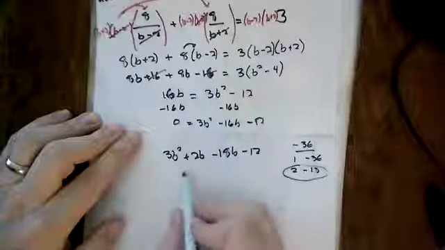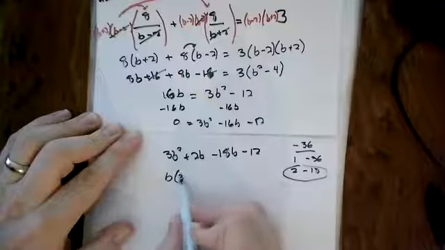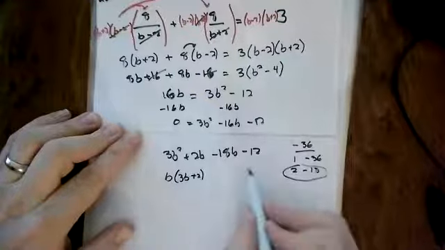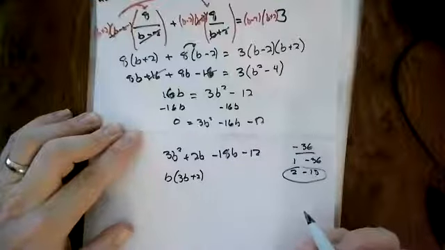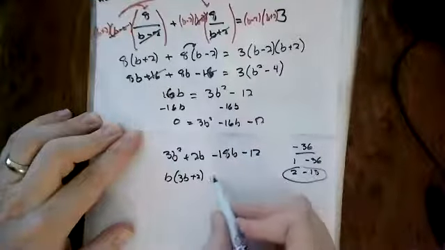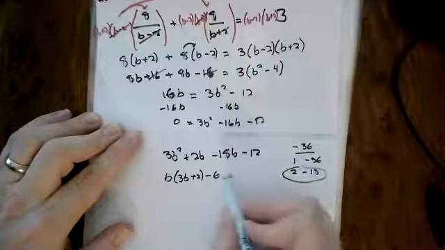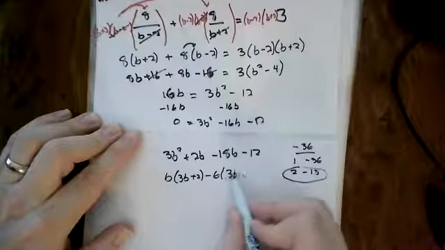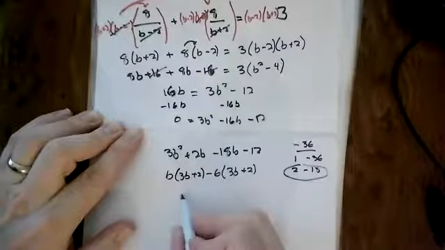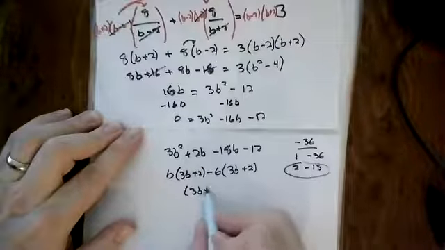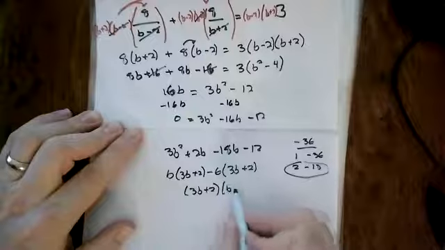I'll factor a b out of these first two, so I'll have b times 3b plus 2. Out of these two, what can I take out of that? A 6? Yeah, I'll take a negative 6 out, so I'll have negative 6 times 3b plus 2. And then I'll factor out my common factor of 3b plus 2, and I'll have b minus 6.